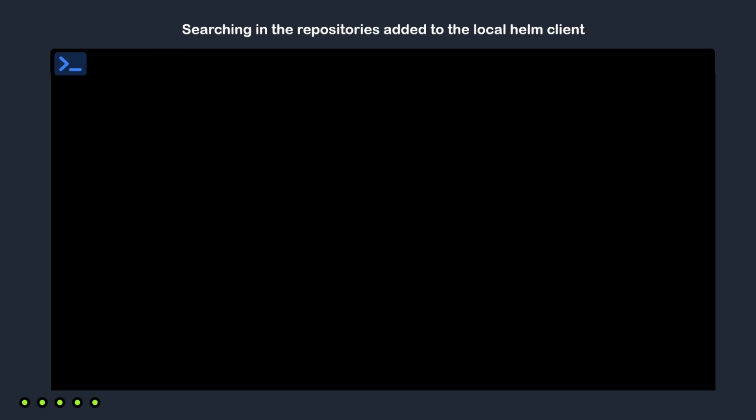After adding one or more chart repositories, we can search for Helm charts using the helm search repo command. If the chart is not available, Helm will display the message "No result found" to tell us that there is no chart with this name available in the repositories added to our local Helm client.